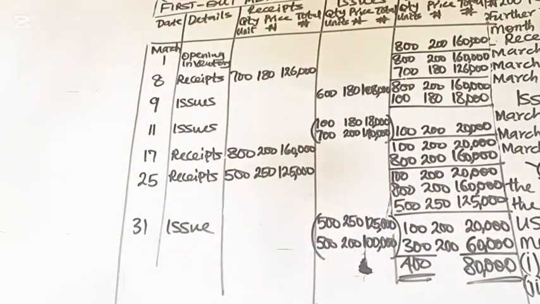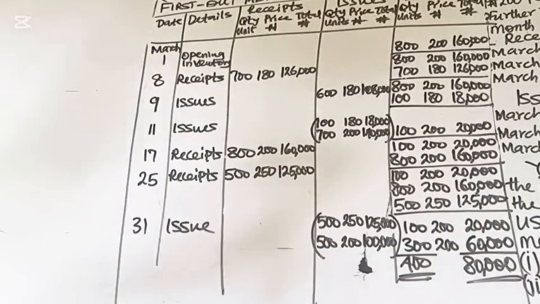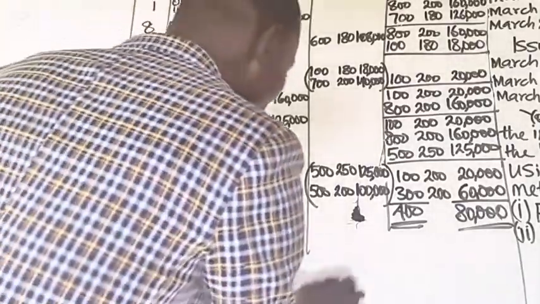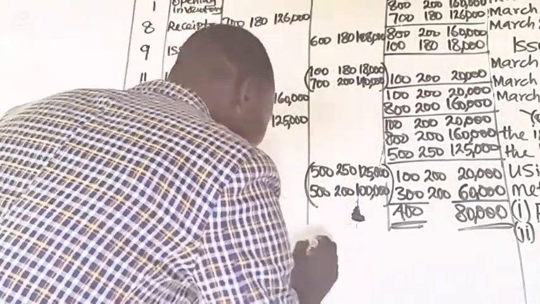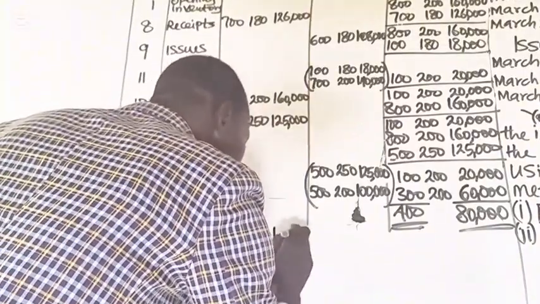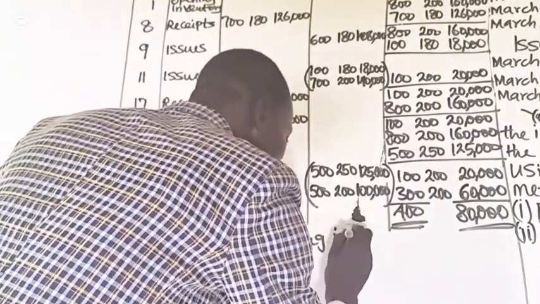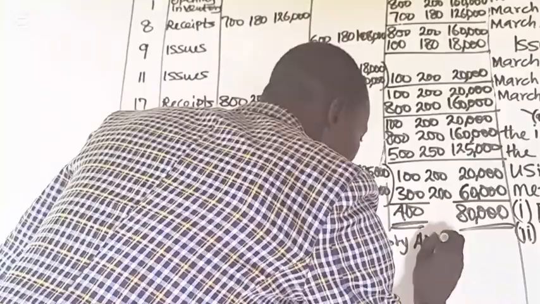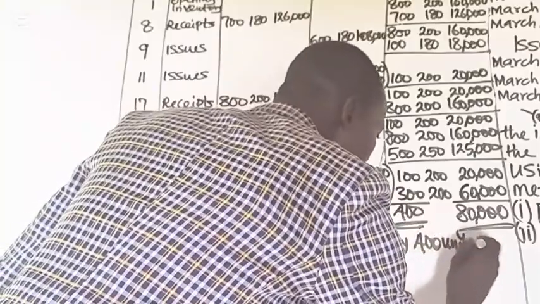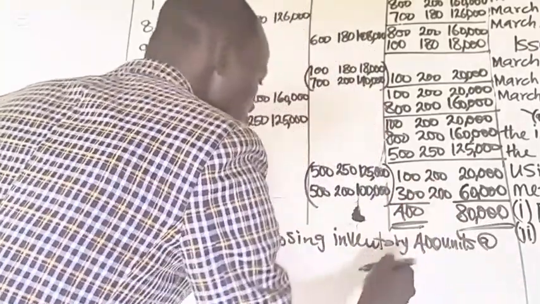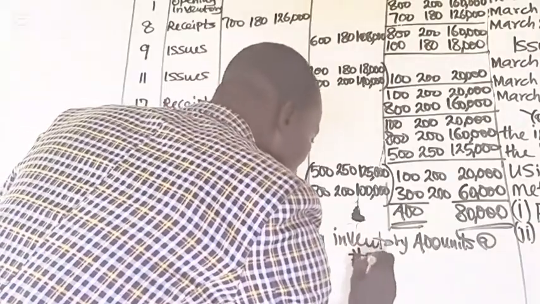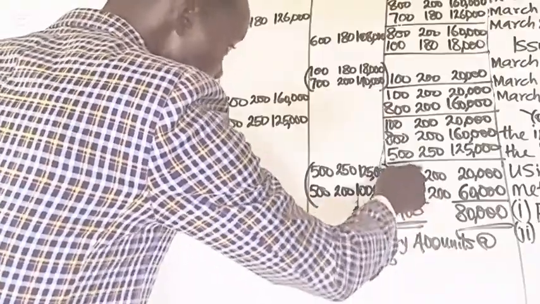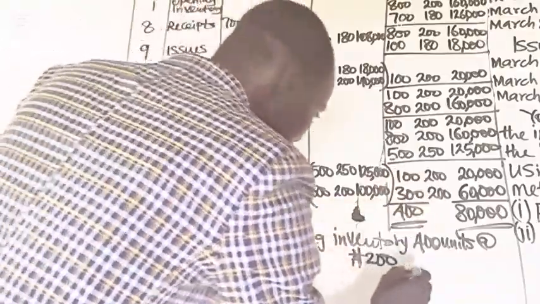Therefore, the closing inventory is 400 units at 200 naira per unit, since the price attached to each of them is 200.